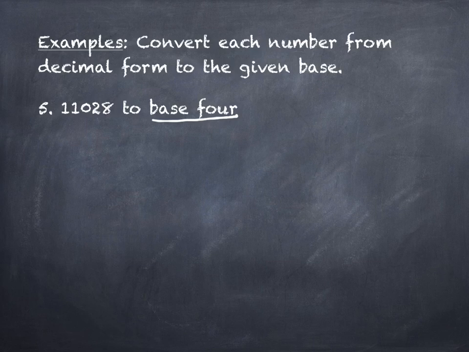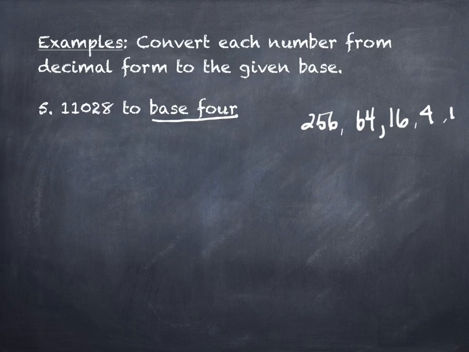So the first power of 4 is 4 to the 0, which is 1. And the second power of 4 is 4 to the 1, which is 4. So I have a 1 and a 4. Once I have the 1 and the 4, I can simply multiply by 4 to get the next one. So 4 times 4, 4 squared, is 16. 16 times 4 is 64. 64 times 4 is 256.